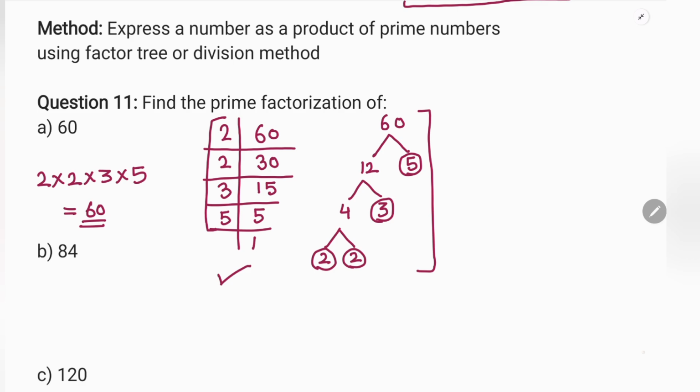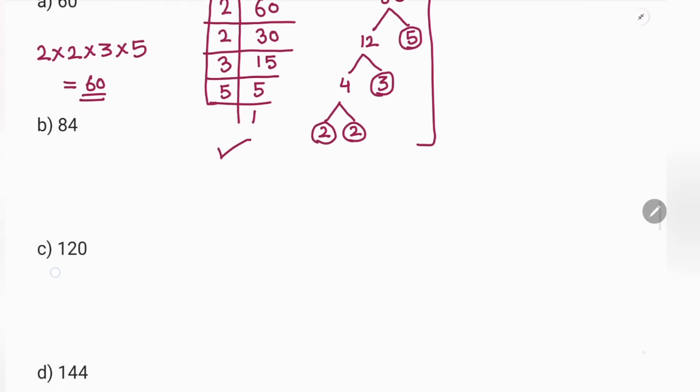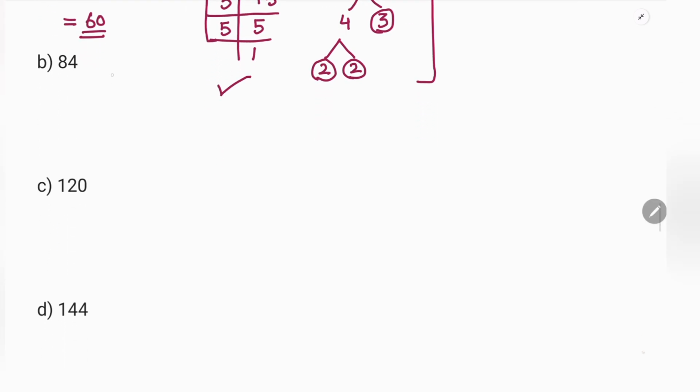Now we will do 84. I will make this symbol, then I will write 84 here, right? I will start with 2. I divided 84 by 2 and I got 42. Now 42 is again divisible by 2, so I divided and I got 21.